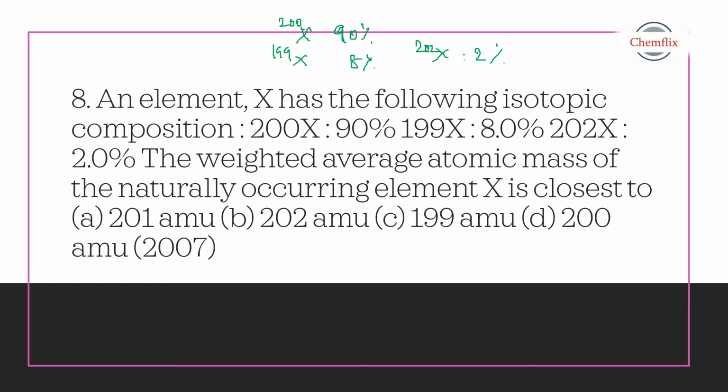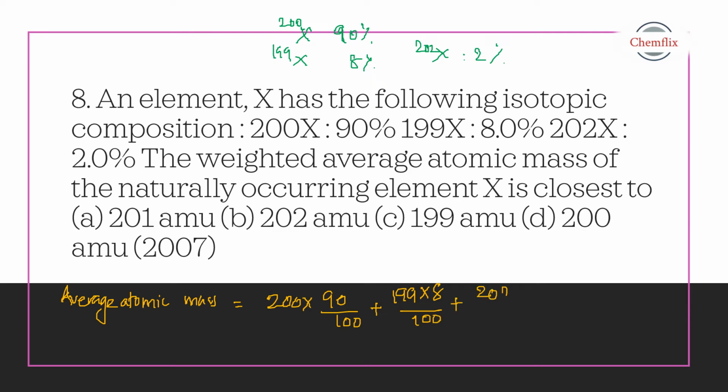So you know how to find out the average atomic mass, right? Average atomic mass is equal to 200 into 90 divided by 100 plus 199 into 8 divided by 100 plus 202 into 2 divided by 100.